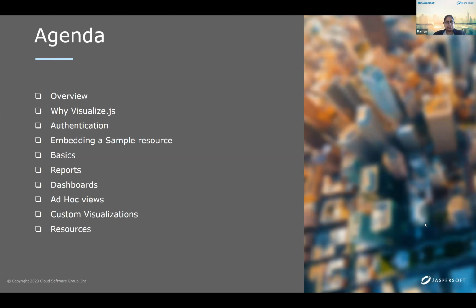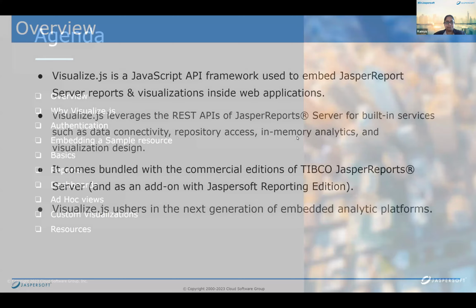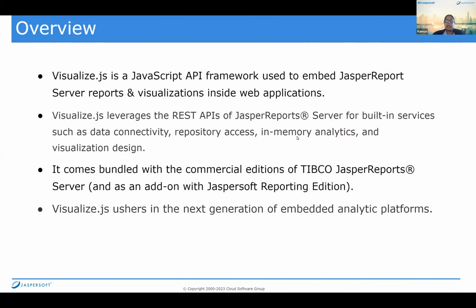Let's get into the overview of Visualize.js. As we all know, Visualize.js is a JavaScript API framework which helps us embed our Jasper reports visualizations into web applications. It was introduced from JasperReports Server 5.6 onwards, and helps us seamlessly embed our analytics into applications.